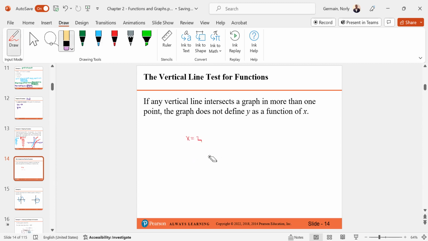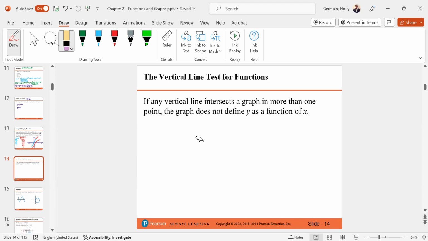Now what we said, sorry, if a graph contains two or more different points with the same first coordinate, the graph cannot represent a function, right? So if any vertical line intersects, that's why we said that the observation is the basis of a useful test. We call it the vertical line test for determining whether a graph defines y as a function.